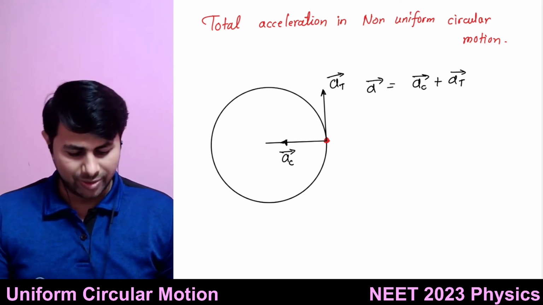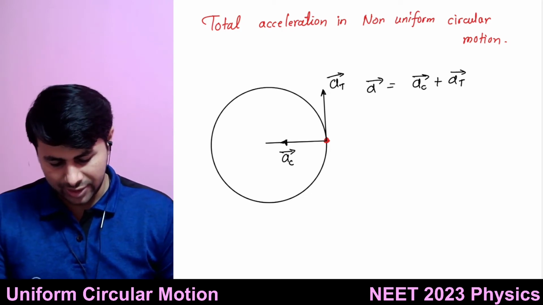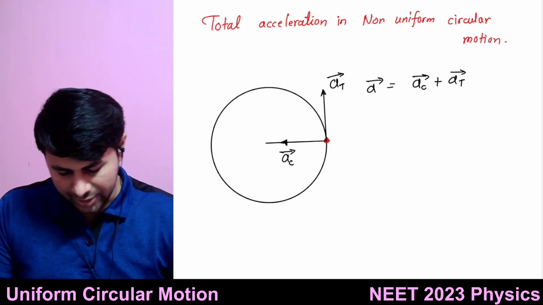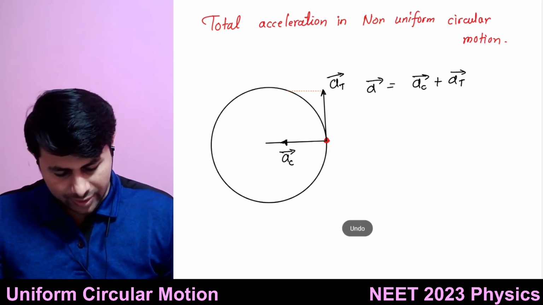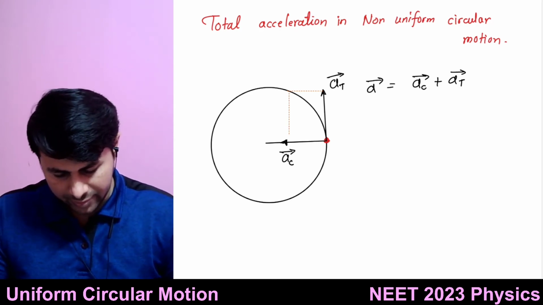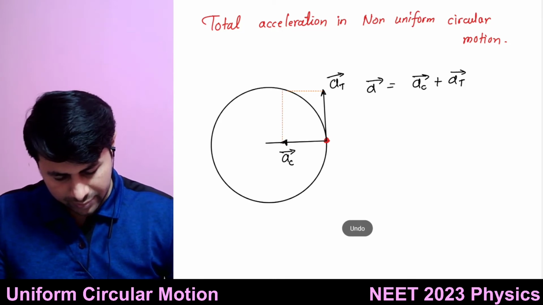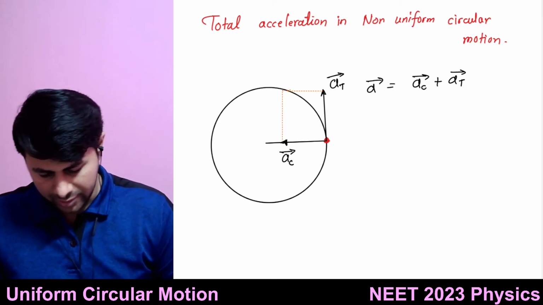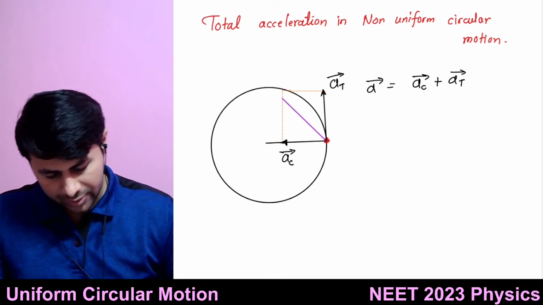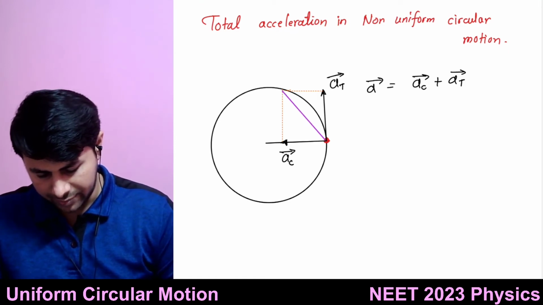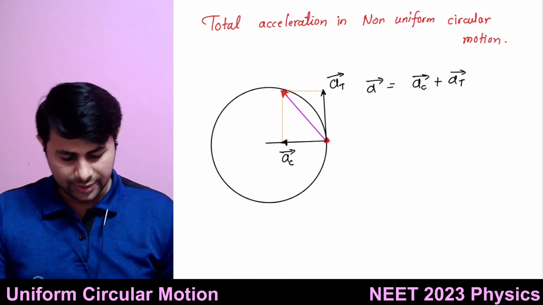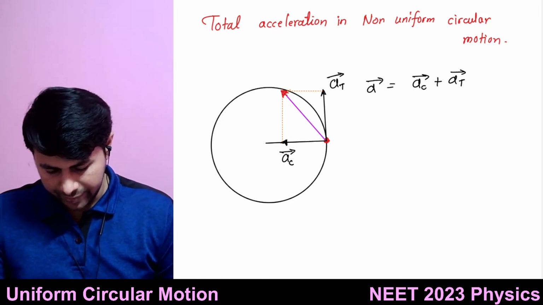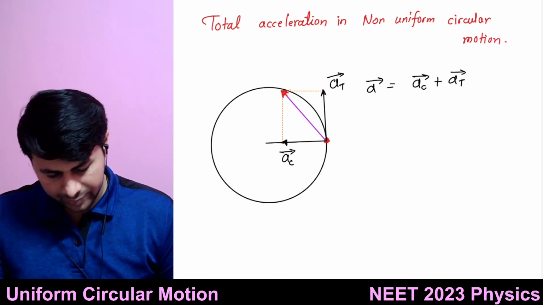If you think about the parallelogram law of vector addition, the total acceleration will be directed along the diagonal of this rectangle. So this is your total acceleration, a bar.